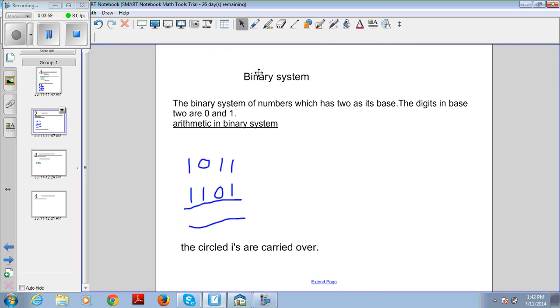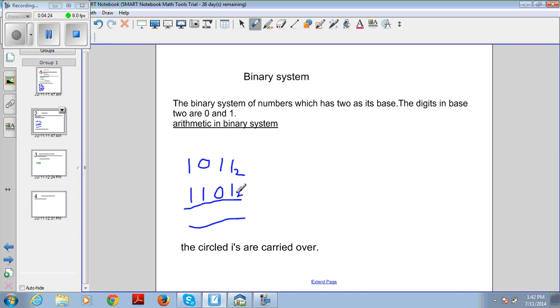The binary system. Okay, we are in the binary system. The binary system of numbers has 2 as its base and has range of number from 0 to 1. 2 is not included. So since we are working under base 2, we are going to put 2 there, so we know the base that we are working with.